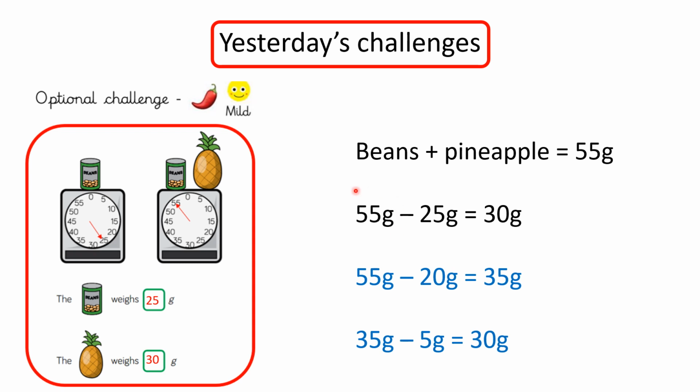So my number sentence said 55 grams take away 25 grams, and I got 30 grams as my answer. To get 30, first of all, I did 55 take away 20, which gave me 35. And then I took away the 5, and I did 35 grams take away 5 grams, which gave me 30 grams as my final answer.